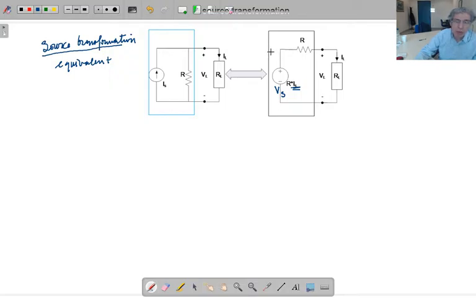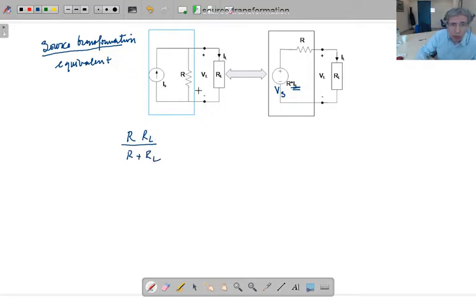So then what we should do is calculate VL on the left hand side and calculate VL on the right hand side, in order to make those two VL values equal to each other. That is what we're going to do. So let's write that VL value in this circuit. Since these two are connected in parallel, the equivalent resistor value is R times RL over R plus RL.